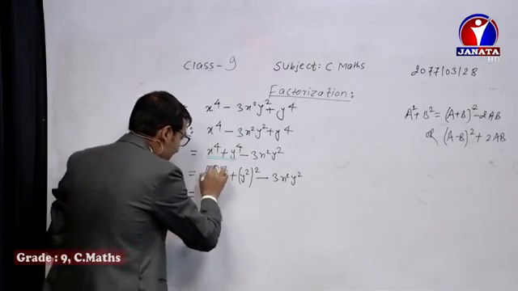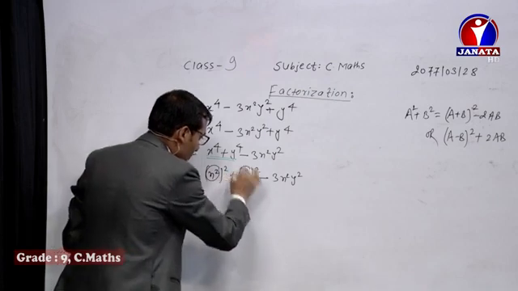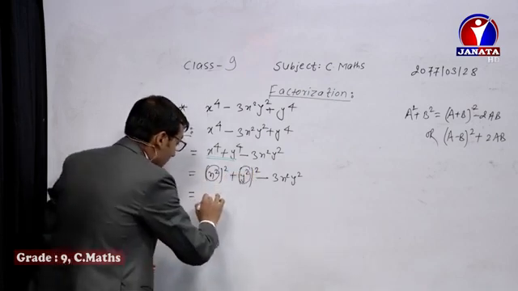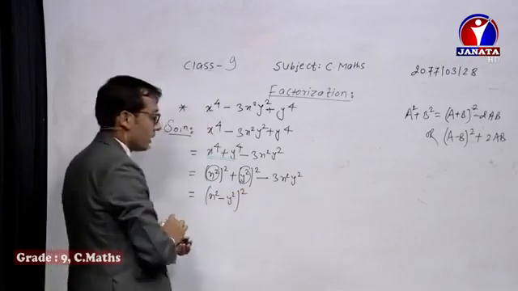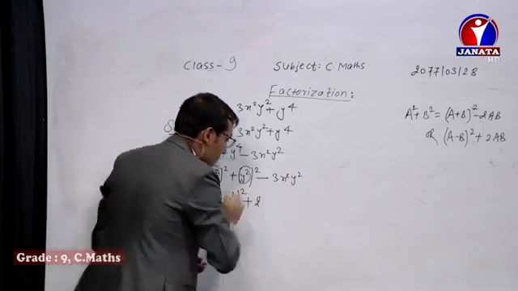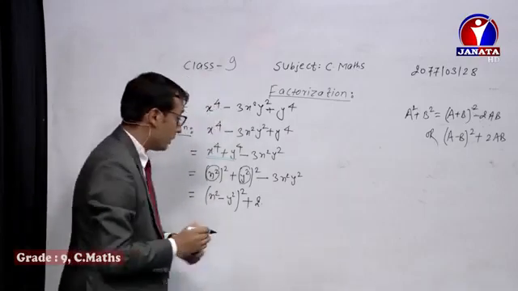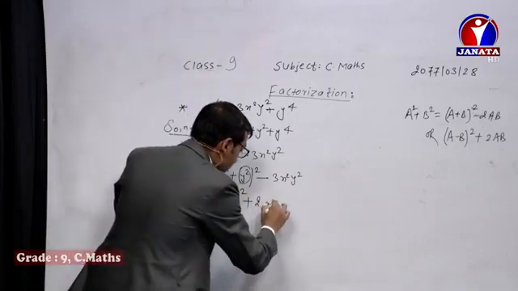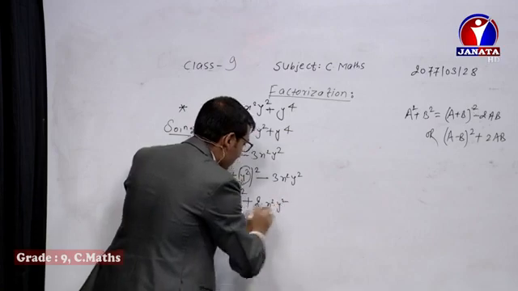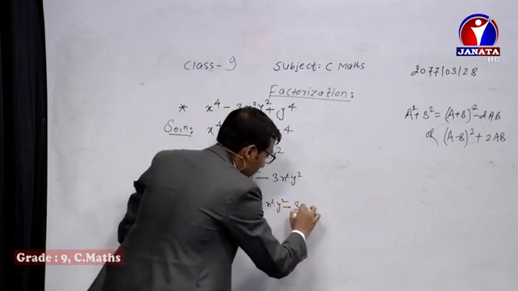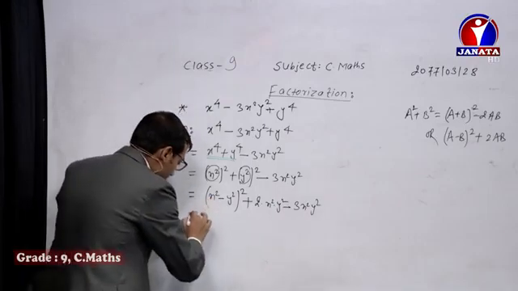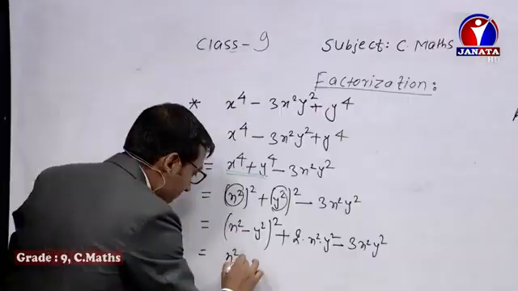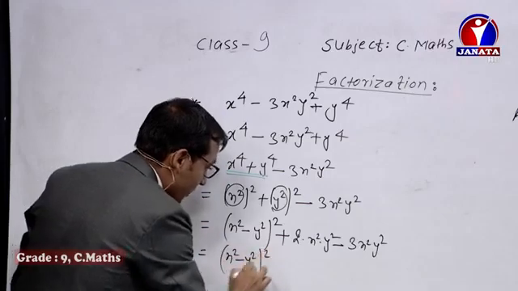So second expanded form is a minus b whole square. What is a? X square, and what is b? Y square. So a minus b, x square minus y square, whole square plus 2 times ab. What is a? X square. What is b? Y square. So it gives x square minus y square whole square.